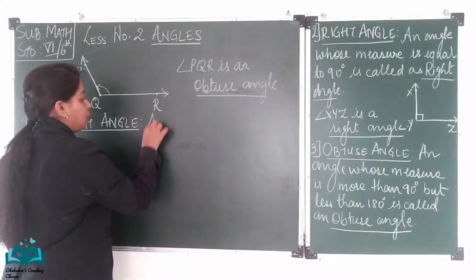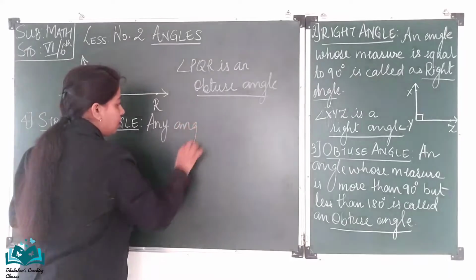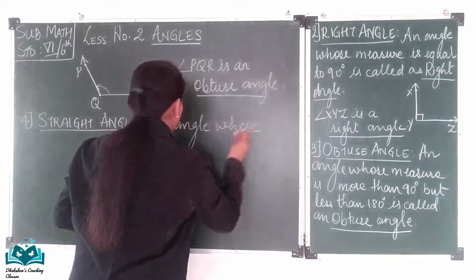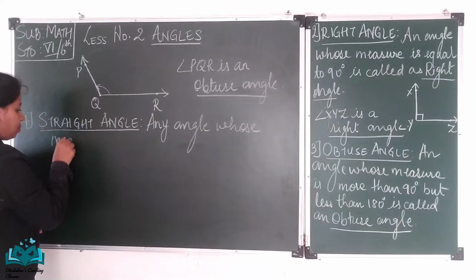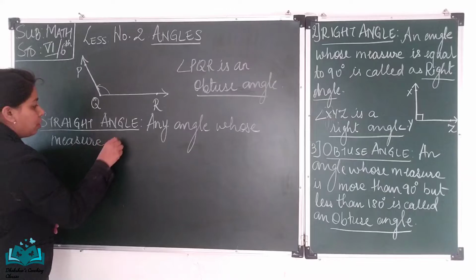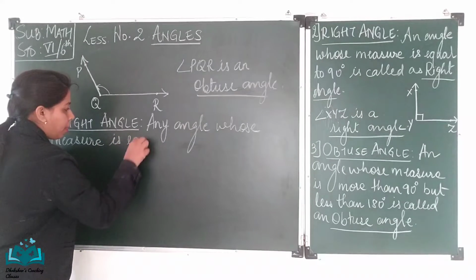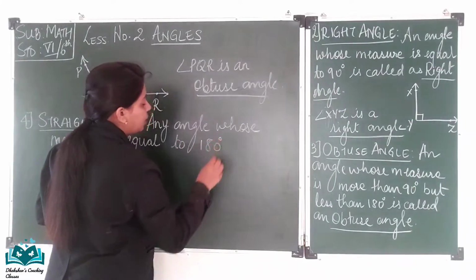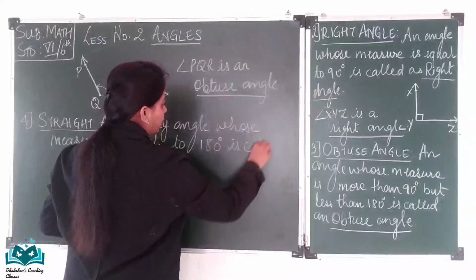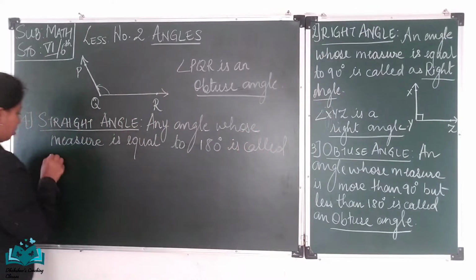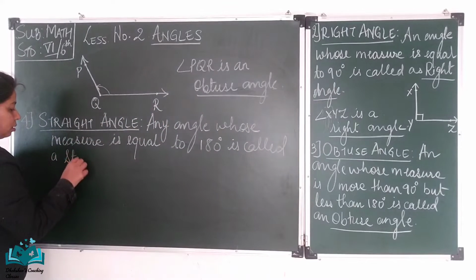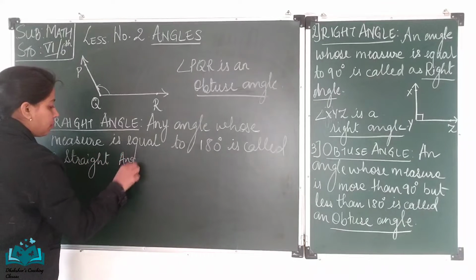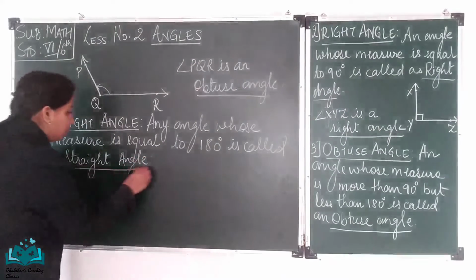Any angle whose measure is equal to 180 degree is called a straight angle.